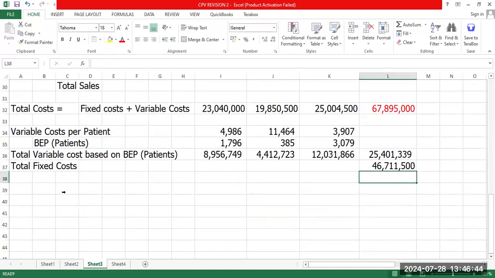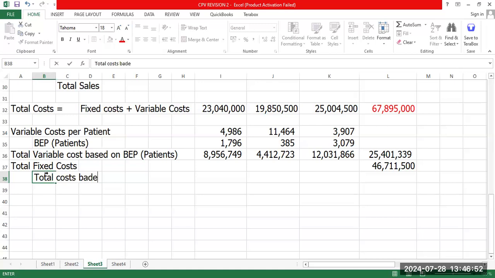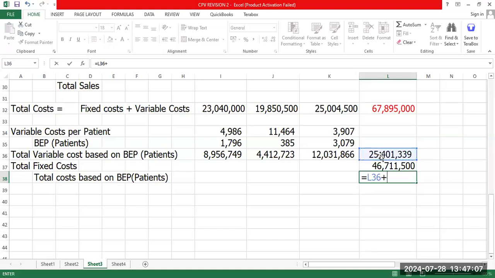So to get my total costs based on the break-even point in terms of patients, it will be this one plus this one.